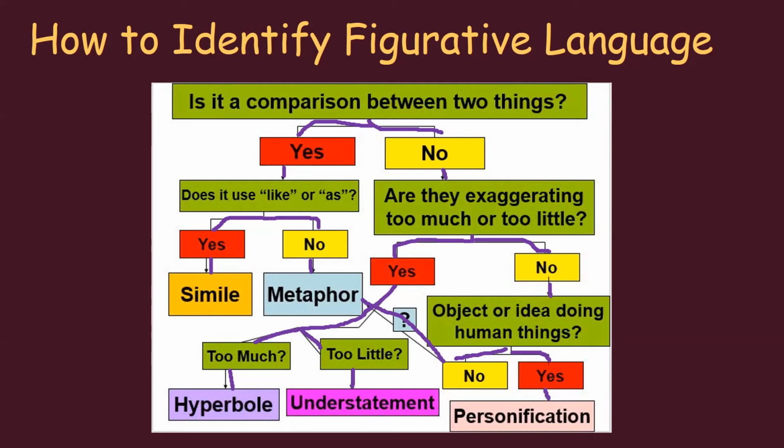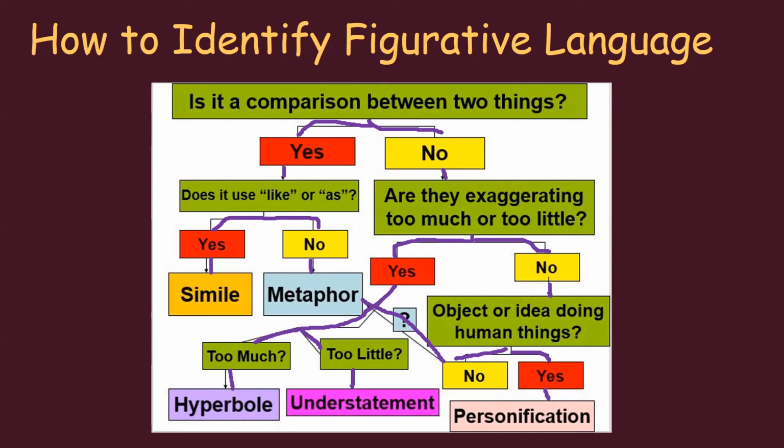So basically, guys, when you're trying to identify figurative language, the first question you want to ask yourself is, is it a comparison between two things? If it is a comparison, is that comparison using like or as, such as in a simile or a metaphor? If it's not using like or as, is it being exaggerated too much or too little, as in a hyperbole or understatement?